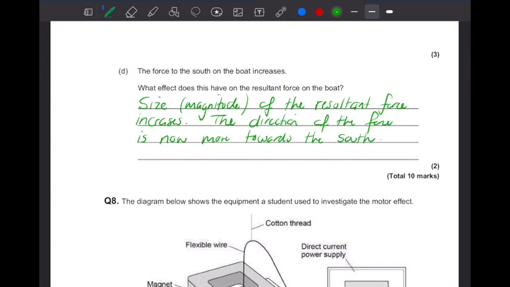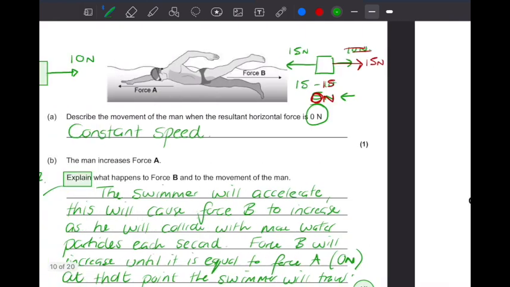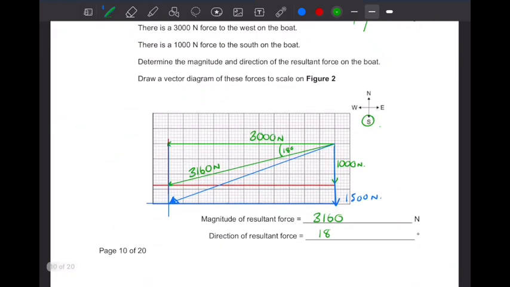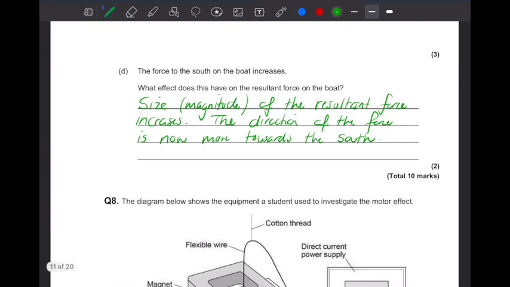You could say, it was 18 degrees before, wasn't it? So we could say, the horizontal force was previously 18. It would now be a larger number than 18. But that's what we're trying to say, is that it changes towards the south. Okay, that's the end of that question, and join me back for question 8.